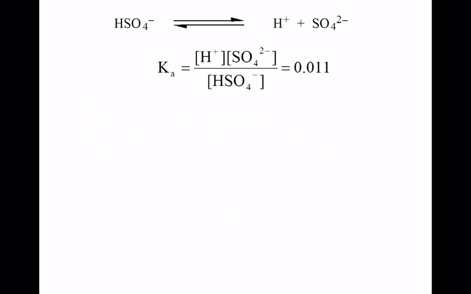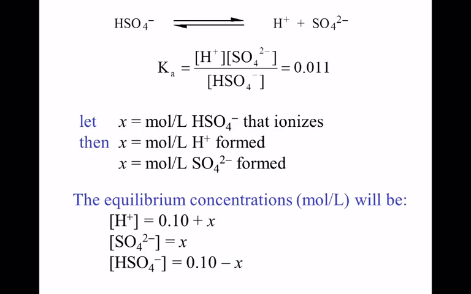So I have slides that say basically the same thing as what we just did. Here is what we put on the ICE table. We're going to let X be equal to the moles of HSO4 minus that ionize. That will also be equal to the moles of H plus formed during the second ionization, and equal to the moles of sulfate that's formed.